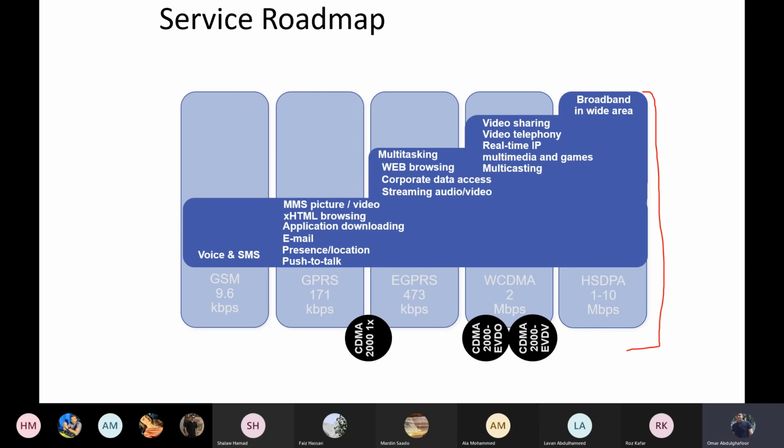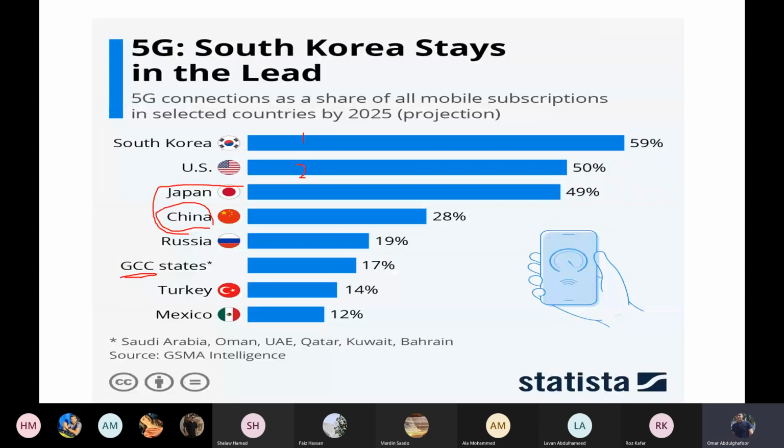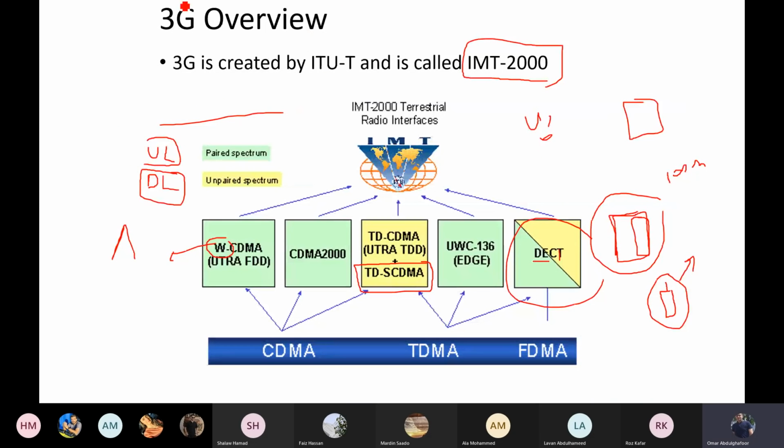As I mentioned here, for example, paired and unpaired. Yeah, this one. As I mentioned, the spectrum is organized and sold. Then you purchase this from the ministry in terms of paired spectrum.